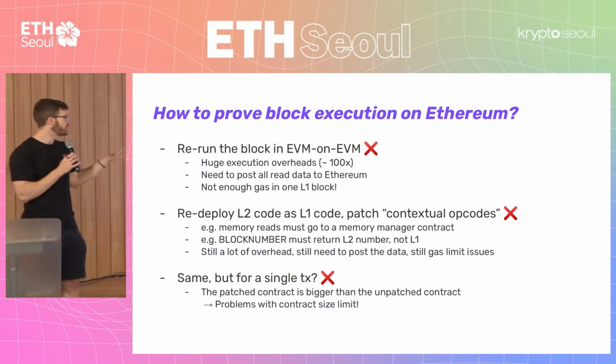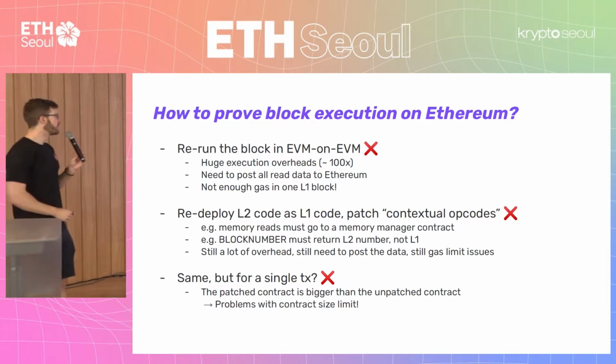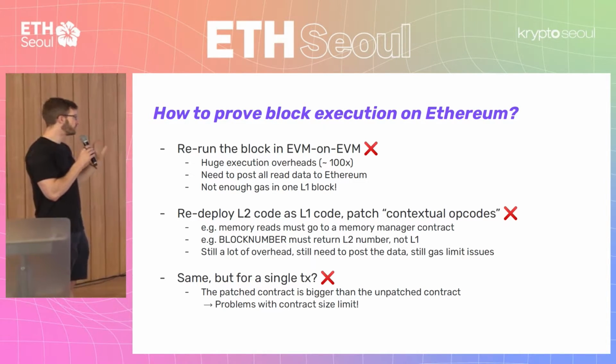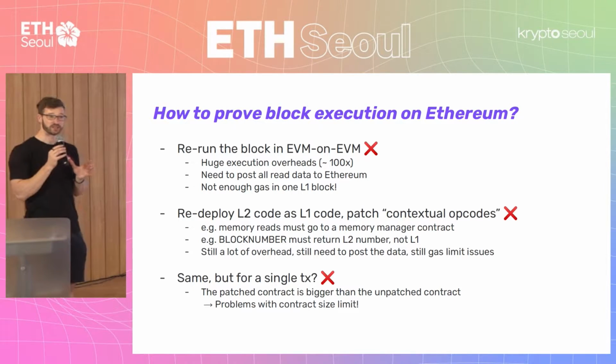This works, and this is what Optimism tried to do the first time we tried to do fault proofs. We tried to do exactly this. There are a lot of nasty issues with this. It's still expensive, and to give you just an example of one nasty issue, Ethereum has a limit on the size of contracts.